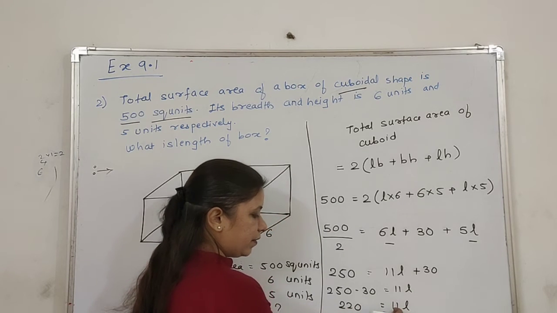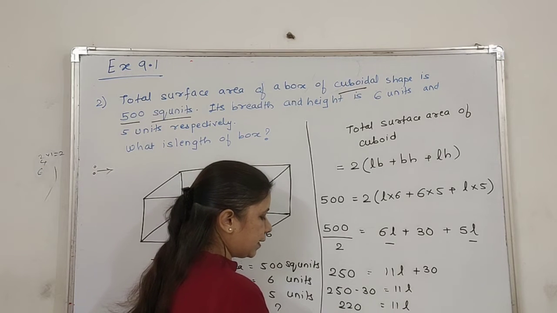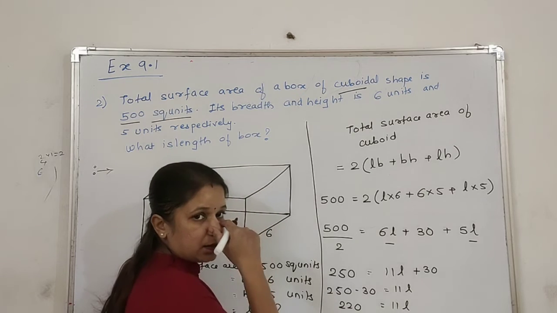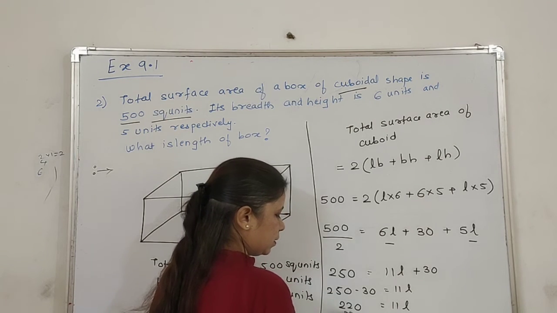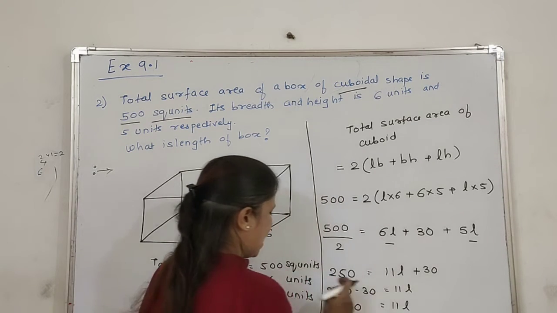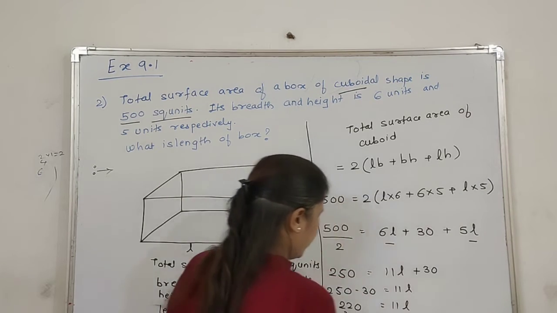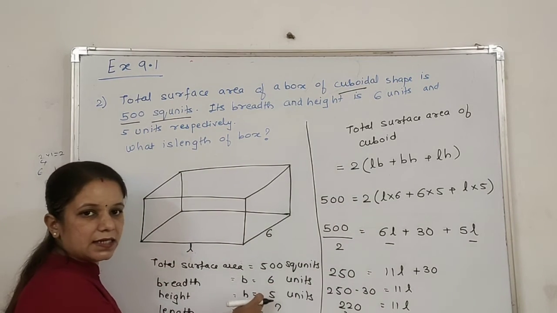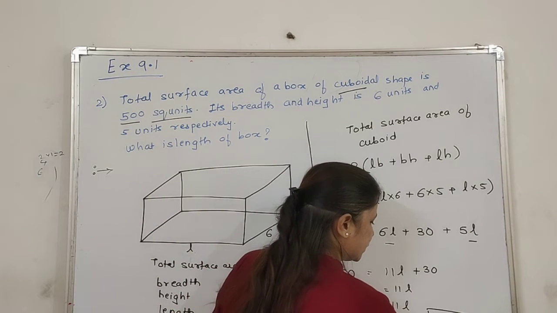And now this 11, where it is multiplied here, when it comes on the other side, 220 upon 11 is equal to L. So length will be L is equal to 20 units, because breadth is given in units, height is given in units, so length will be 20 units.